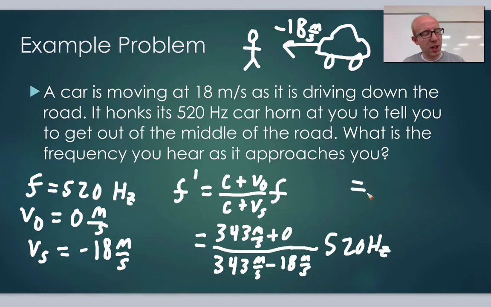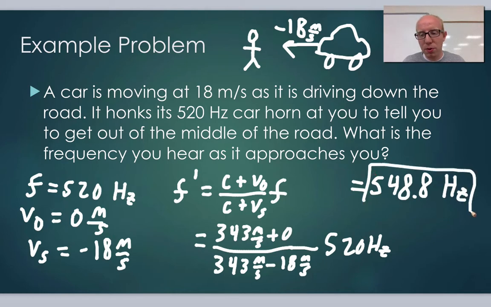And so we just got to get that all in our calculator. Just make sure you're keeping track of parentheses. You should get, when all is said and done, 548.8 hertz. So that's the new frequency you will hear as the car is coming towards you.